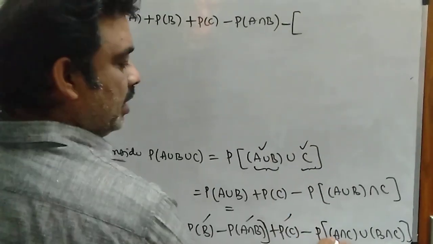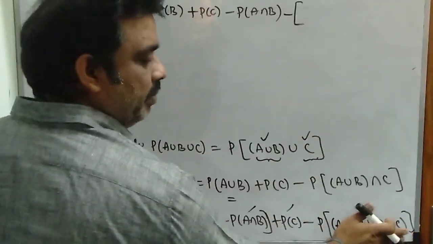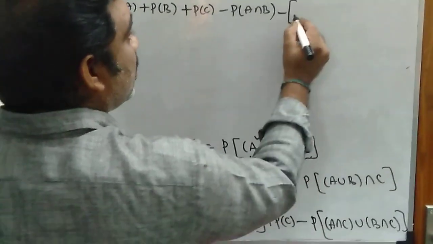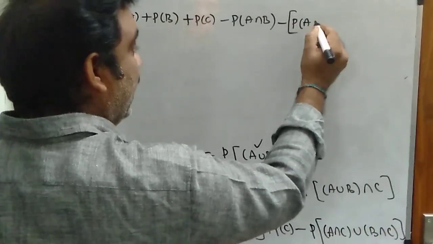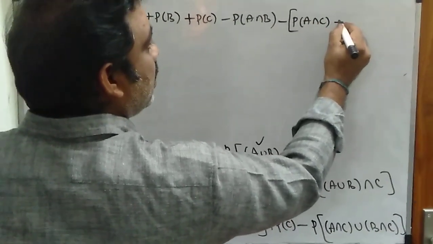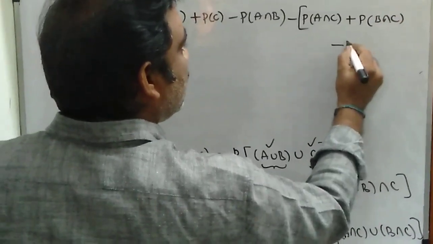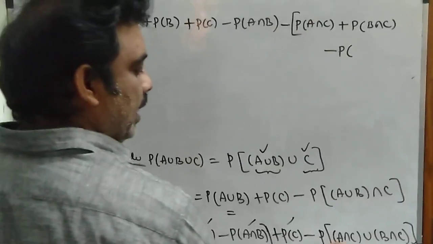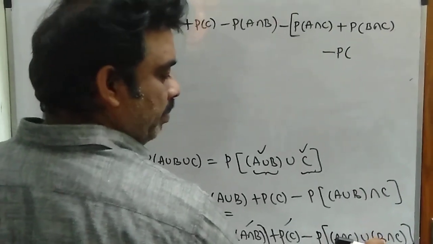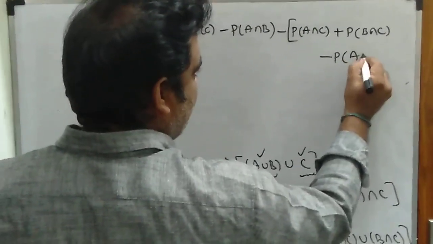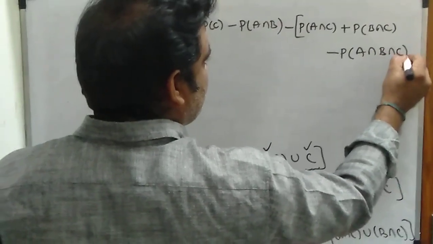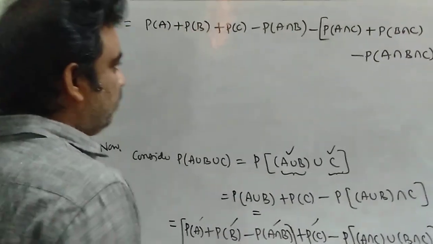Again applying the addition theorem, P of A union B, it looks like, so I can write P of A intersection C plus P of B intersection C minus P of A intersection C intersection B intersection C. So that I can write A intersection B intersection C.